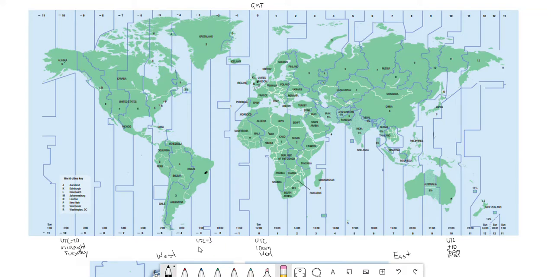And let's say it was Tuesday at 10 p.m. at night, and I wanted to find out what time it was in Madagascar, which is there, which is UTC plus 3.